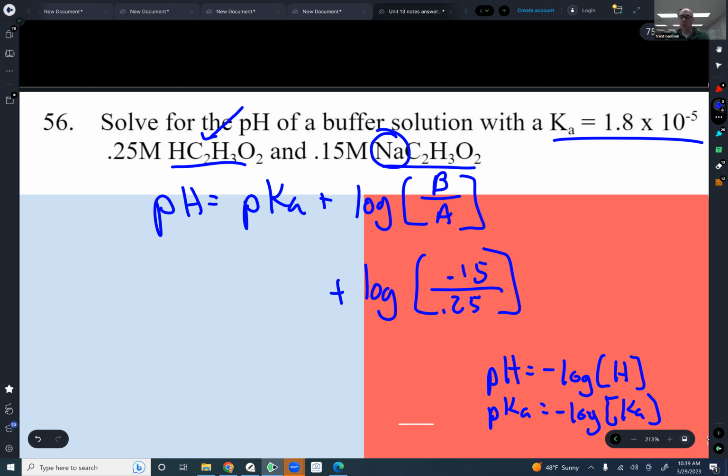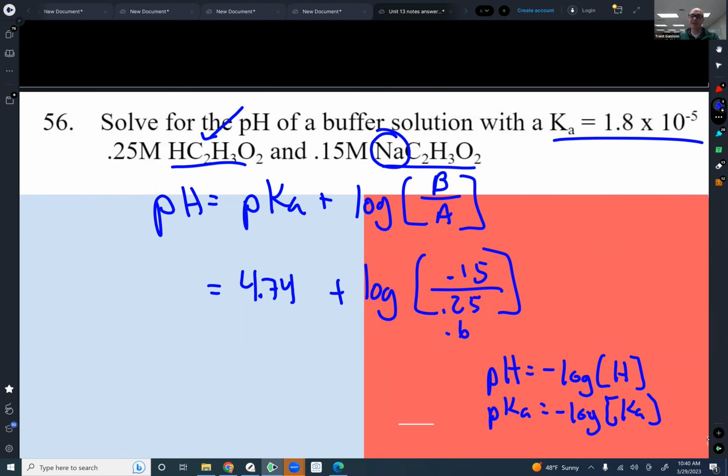So that's what we're going to do: the negative log of 1.8 times 10 to the -5 exponent. And what we get for that is 4.74. So now let's simplify this ratio of 0.15 divided by 0.25, and you get 0.6. So the log of 0.6.